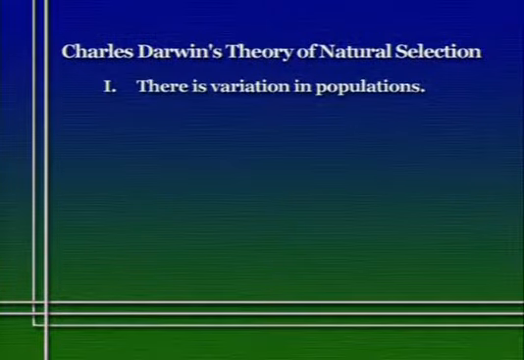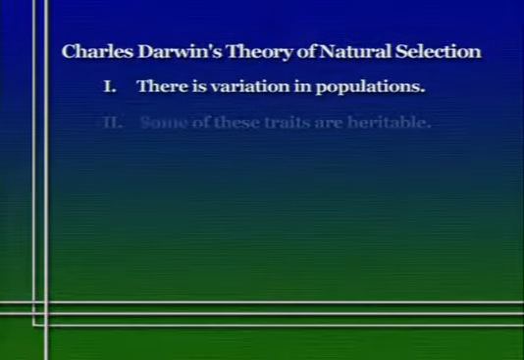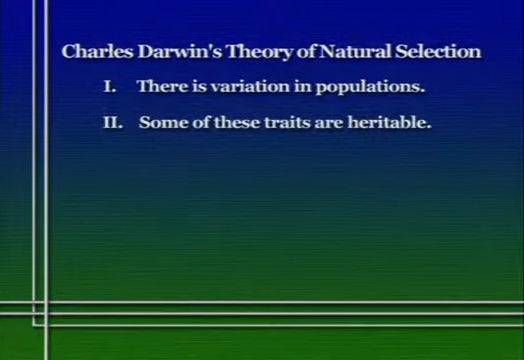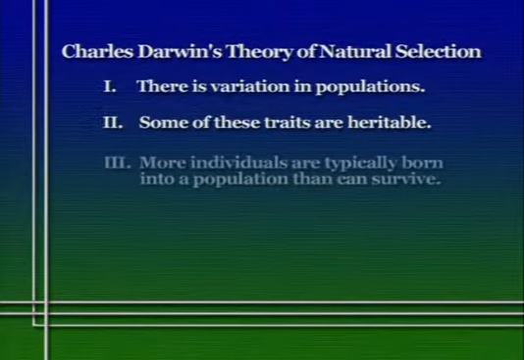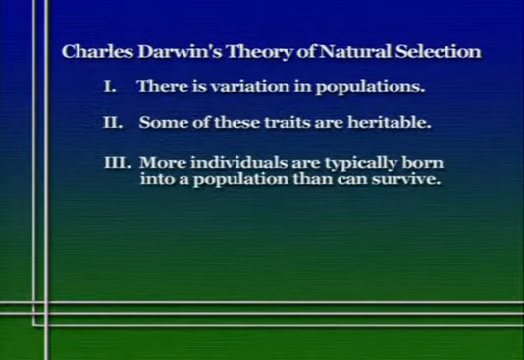There's variation in a population. Some of the traits that individuals have in populations are heritable, meaning that this variation can be transmitted genetically from parents to offspring. More individuals are born in a population than can survive, meaning that only some individuals will survive and reproduce.